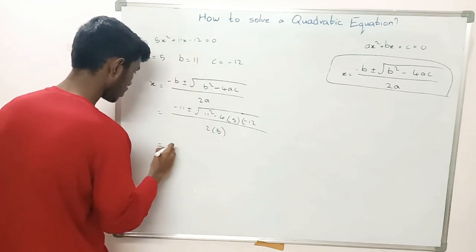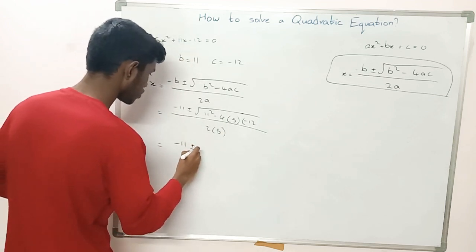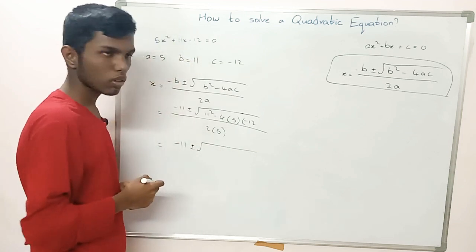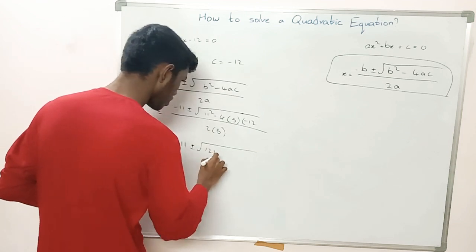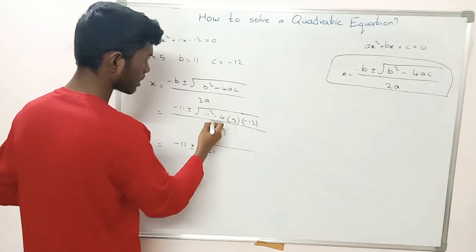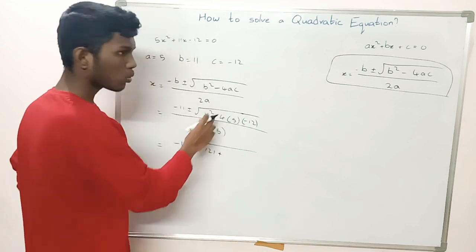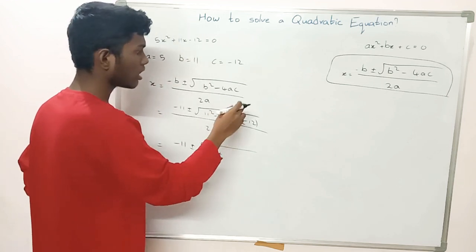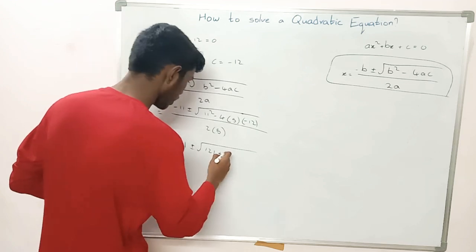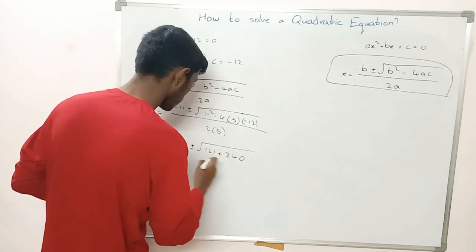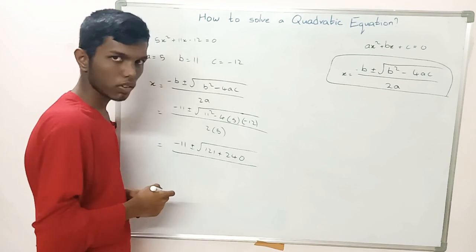And then minus 11 plus or minus under root 11 square is 121, minus into minus is plus, 4 into 5 is 20, and 20 into 12 is 240, by 2 5s are 10.